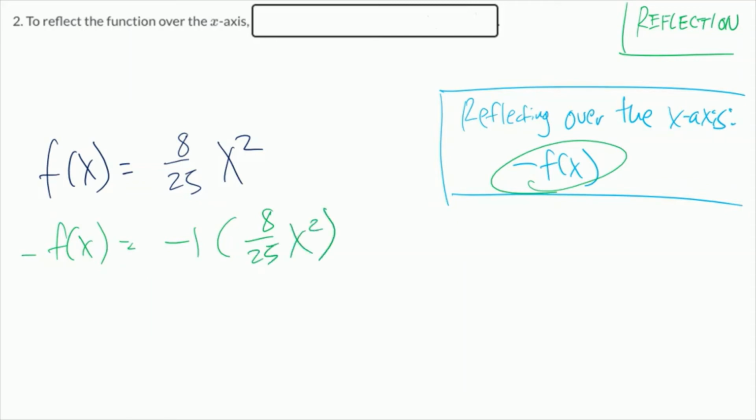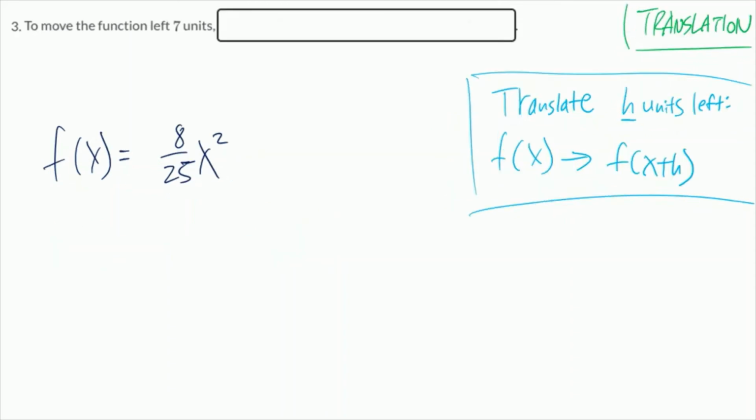So in the blank, we will write multiply the entire equation by -1.